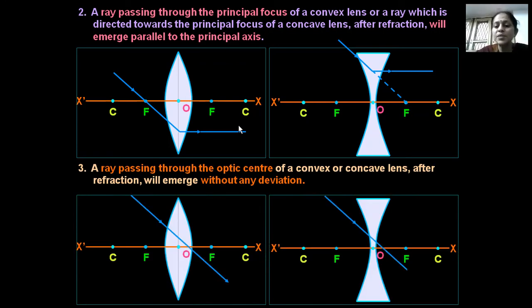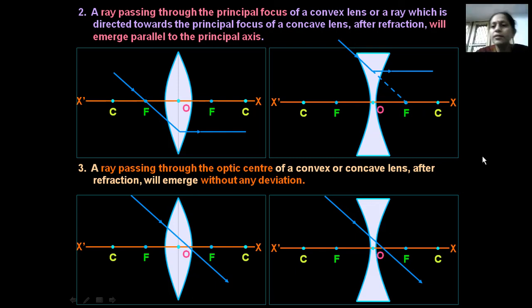Here in my PPT this ray is not drawn correctly; consider it my PPT formation error. This line should pass through O. It will pass undeviated.